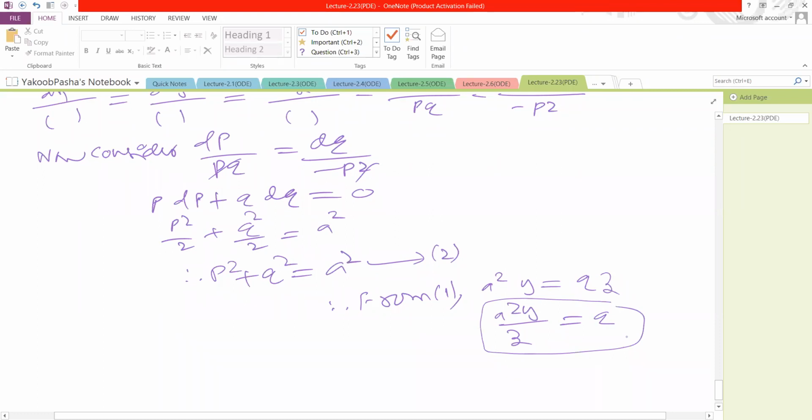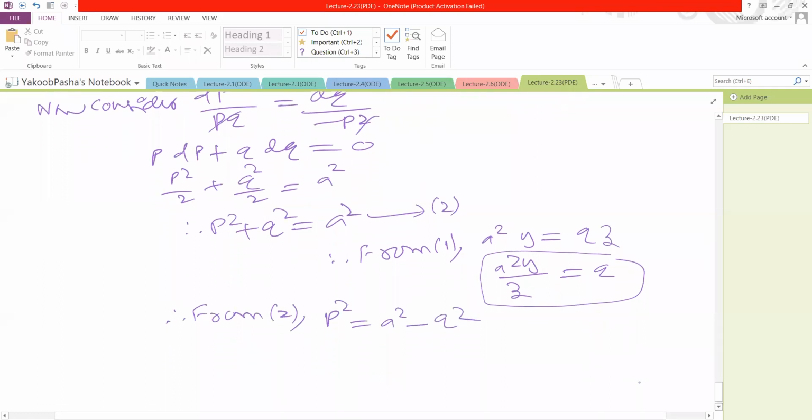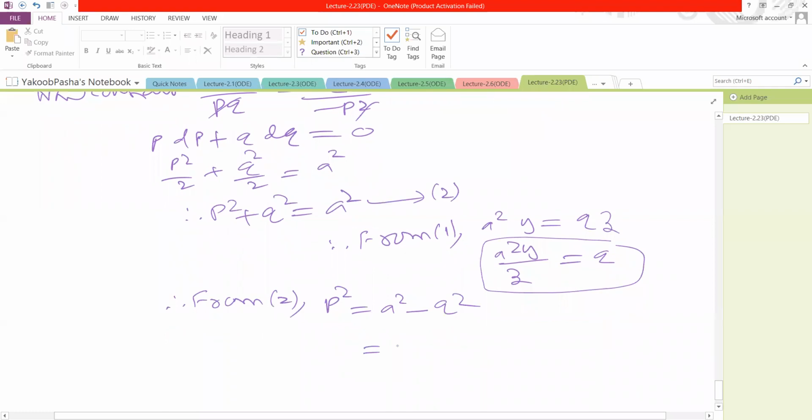So substituting this q value in equation number 2, p square is equal to a square minus q square, actually from equation 2. So that is equal to a square minus a power 4 y square by z square.